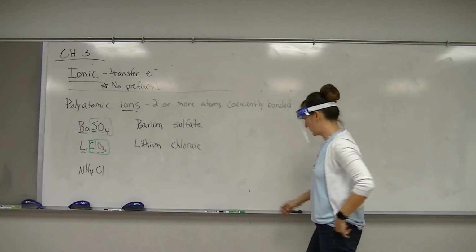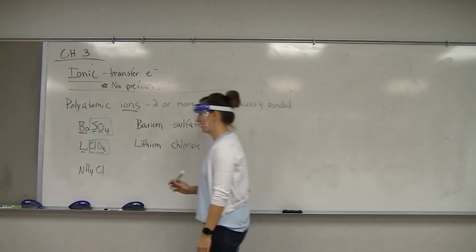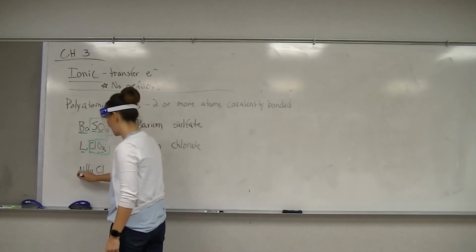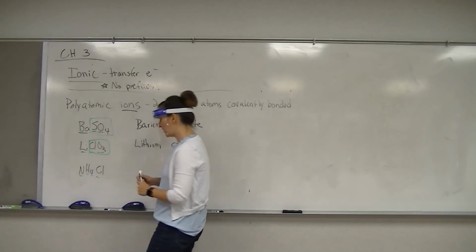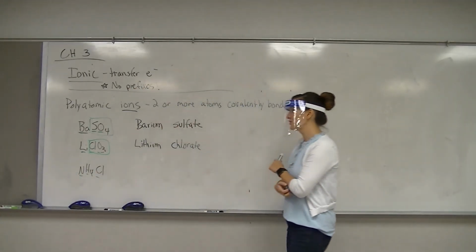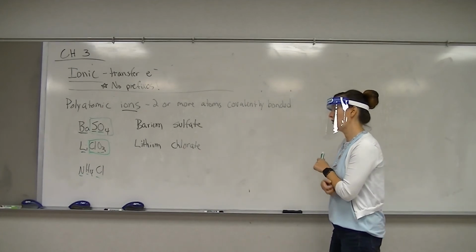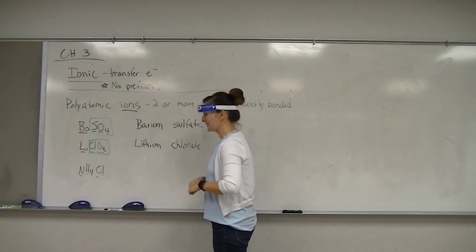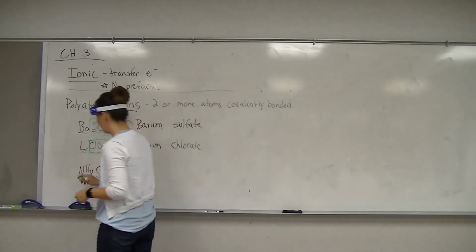Now this next one is kind of difficult because notice we have 3 elements, so we know there's a polyatomic in there, but they're all non-metals. So you might think at first glance, oh wait, that's a covalent compound because those are all non-metals, but it's not. Why?